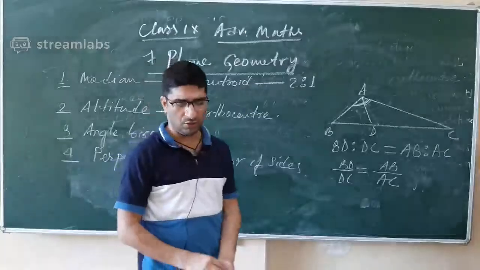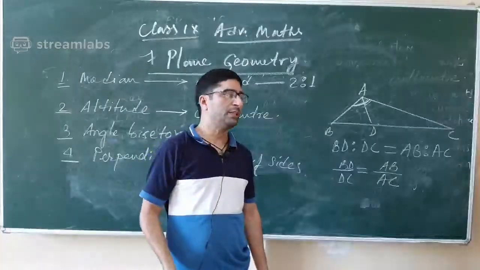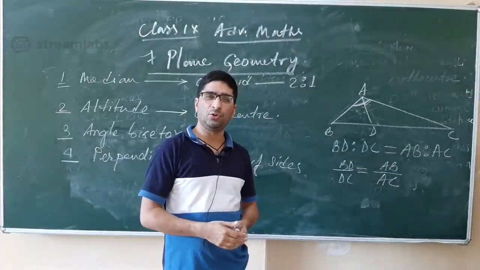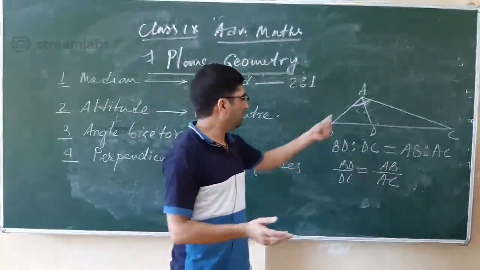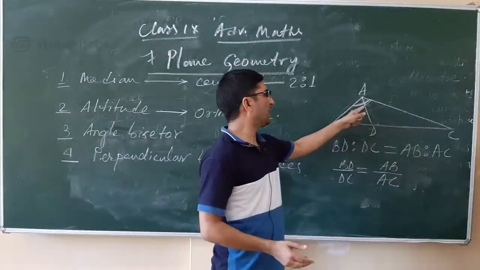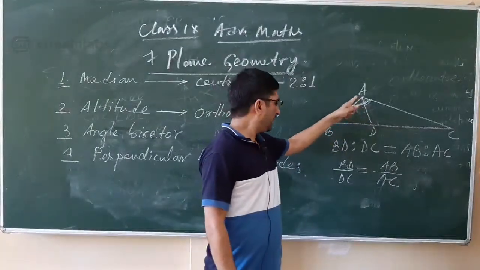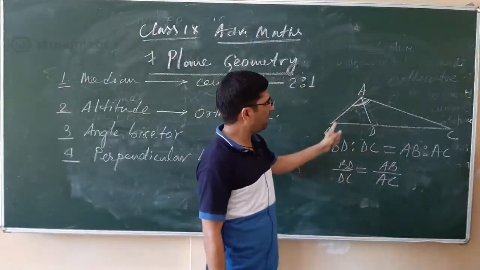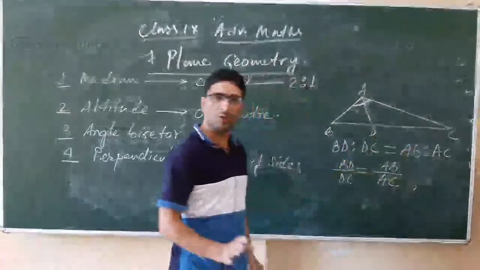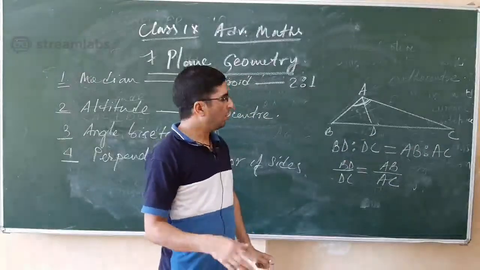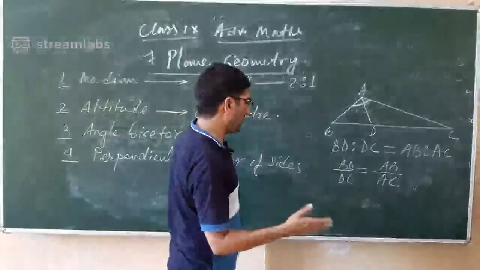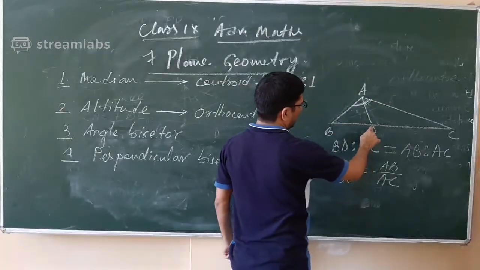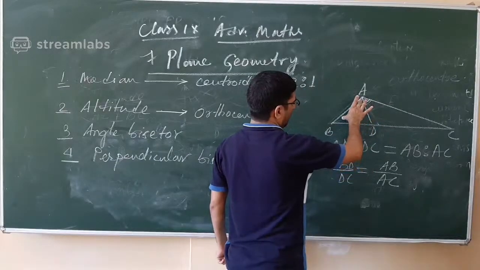The angle bisector always divides the opposite side in the ratio of the other two sides. If AD is the angle bisector of angle A, then BD by DC is equal to AB by AC. Here you may face some problems. As I have started from BD, my sides will start from AB.